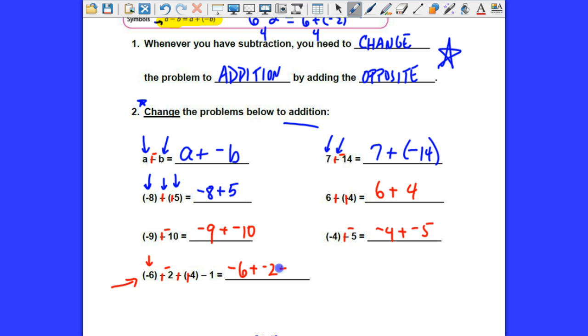It's really plus 4. And then it's minus positive 1, so I go boom, boom. I make it plus negative 1. I have all addition here. That's what I want. All addition, because addition is way easier to do in my head without error.